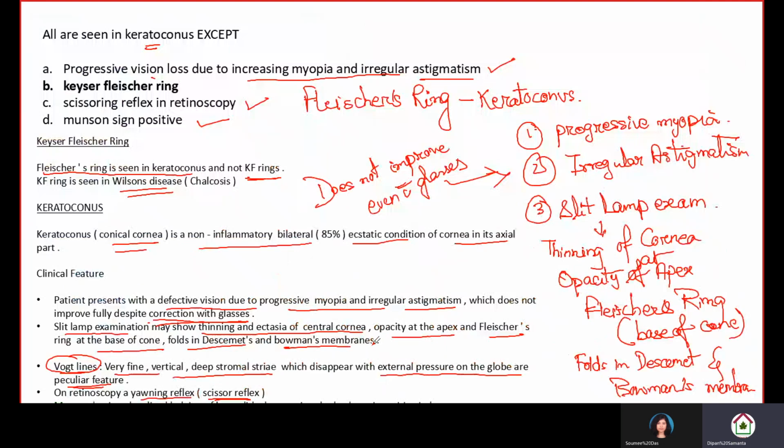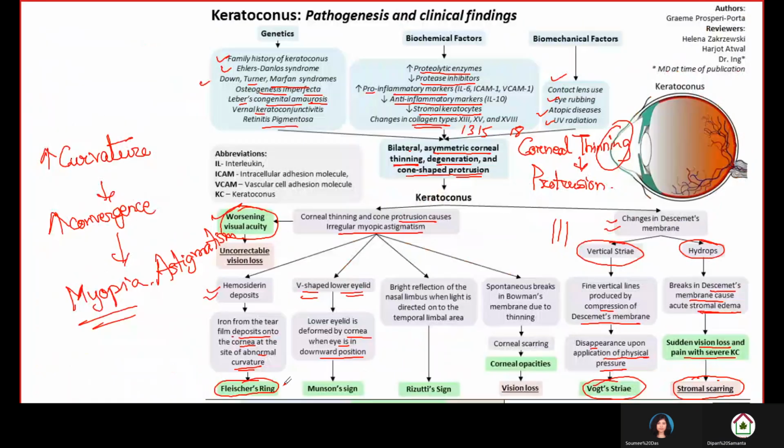Munson sign is localized bulging of the lower lid when the patient looks downward. This is Munson sign. Here, lower eyelid is bulging.